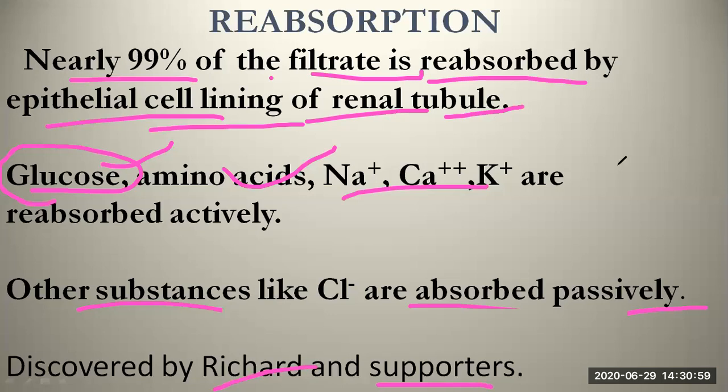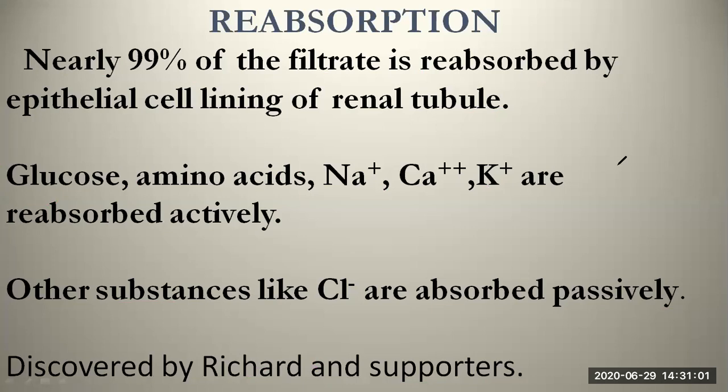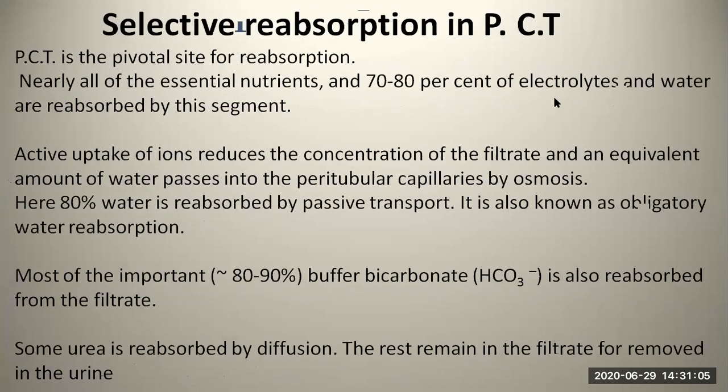Now we will see selective reabsorption in the PCT in detail, the selective reabsorption in the proximal convoluted tubules. This is very important, and it has already been asked in your NEET exam. The pivotal, meaning basic or fundamental, site of reabsorption is the PCT. Maximum reabsorption takes place in the proximal convoluted tubules.